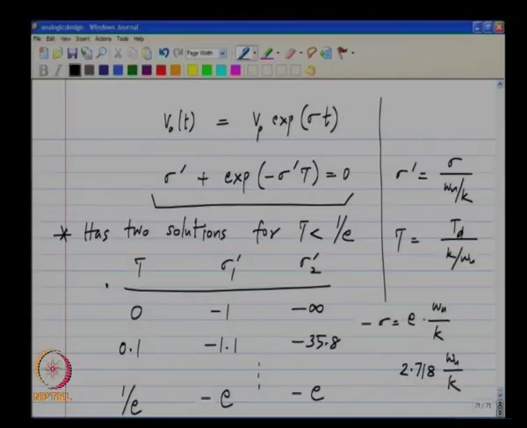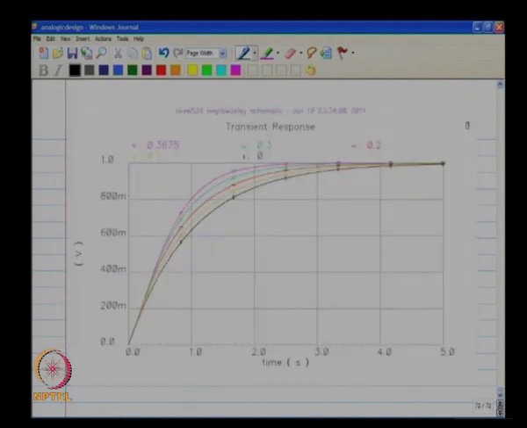We have to see for larger values of delay what happens, because this particular equation has solutions only for tau less than 1 by e. Just to remind you of the solution again, this is what we get without delay, and these four are the solutions with successively increasing delay.